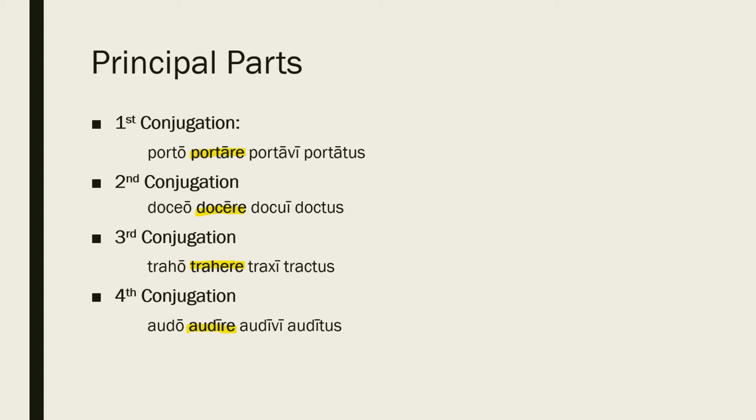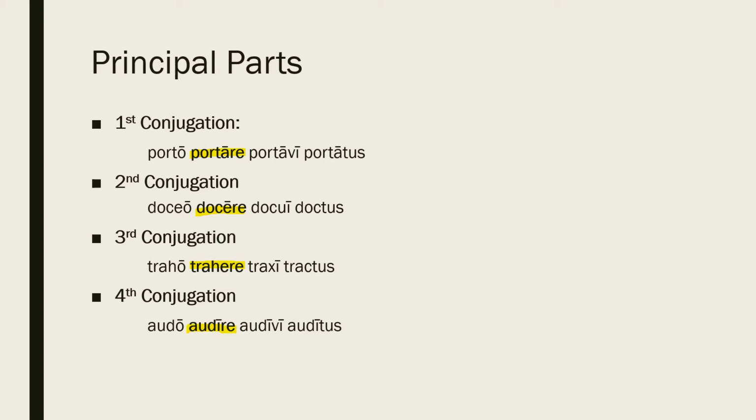But beyond that, the infinitive, the second principal part, is extremely important as just a form, because it gives us our present stem. It identifies what conjugation a verb belongs to. Portare, first conjugation, with the a.